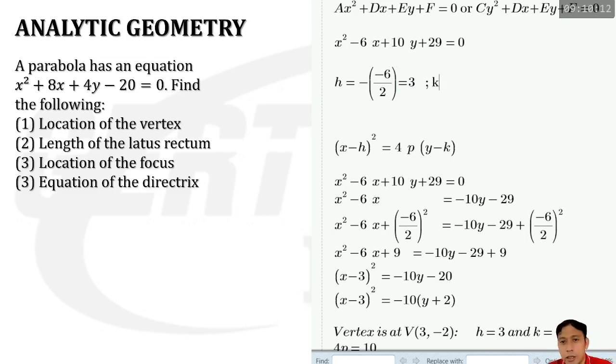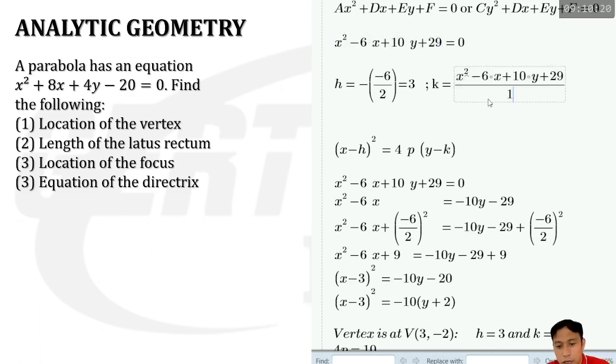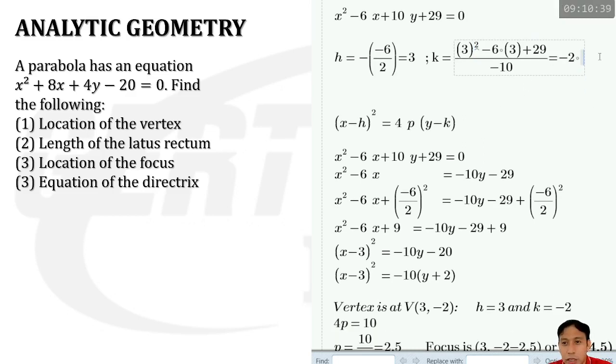Then, yung k naman, I'm gonna do substitution: i-evaluate ko ito without that y, and i-divide ko ng negative y. I'm gonna make x equal to 3. That's how I solve the h and k right away. Okay, shortcut lang. Or you may use a formula. Somebody here in Padlet posted a formula in solving for h and k. You may do that.